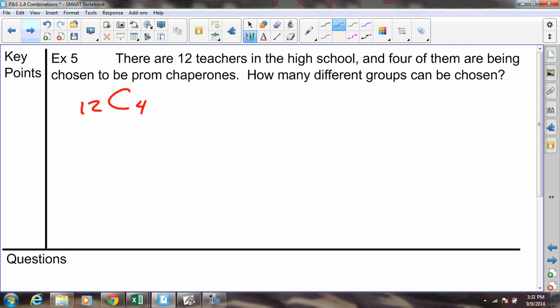So that would give us 12 factorial over 12 subtract 4, which is 8 factorial. And then we'd also have the 4 factorial as well.